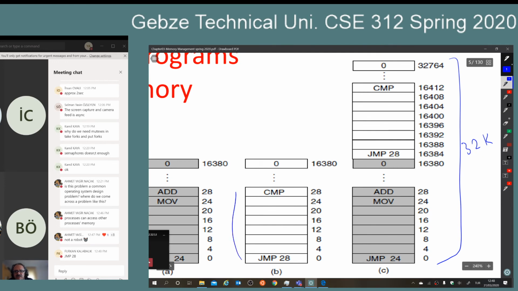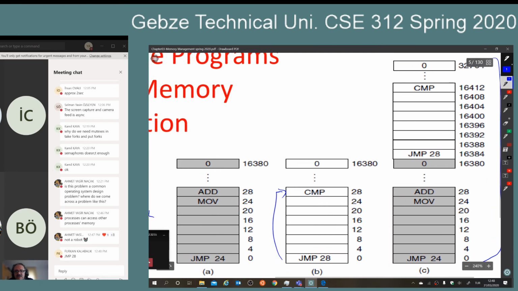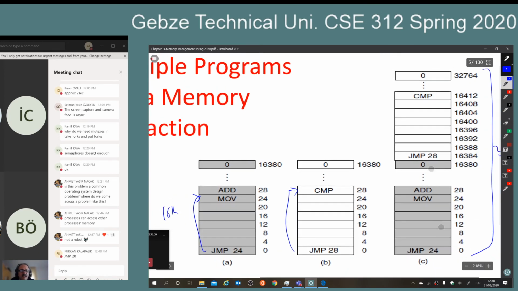This one tries to jump to this location, and this one tries to jump to this location, but it is trying to jump there instead of doing this, right? Because they jump 28.